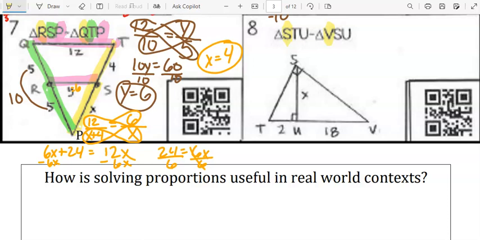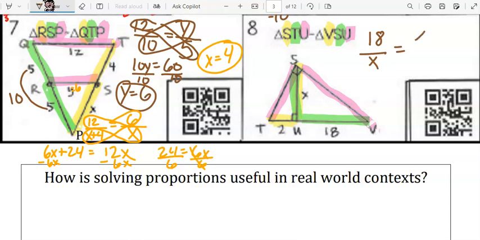S goes with V. T goes with S. And then U goes with U. So let's set up our proportion. 18 over x equals x over 2.